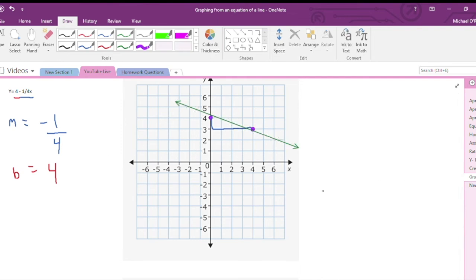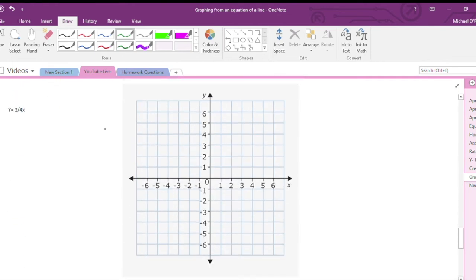Now the last one is a little more, oh, not the last one. This one's a pretty easy one. So our m value, we find our m value first, our rate of change. It's right here, 3 over 4. Now our b value, we don't have anything here. It's all blank.